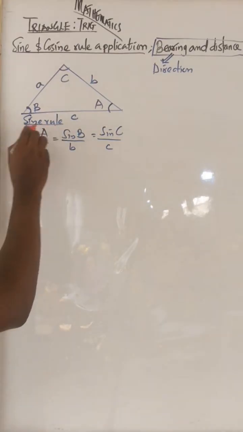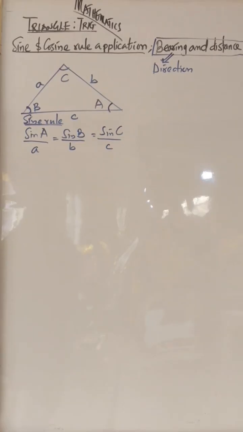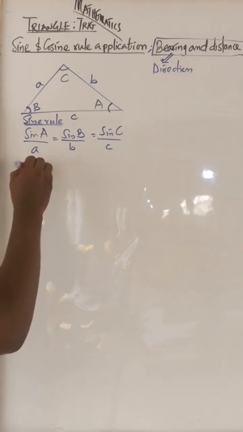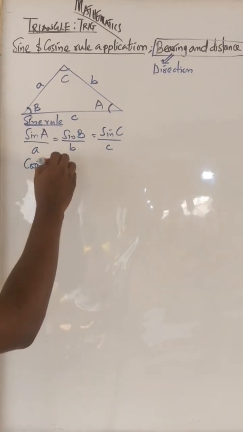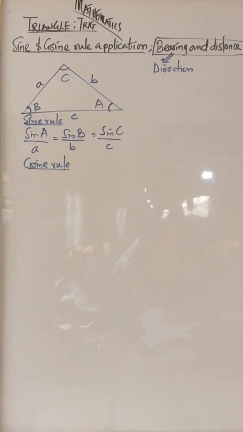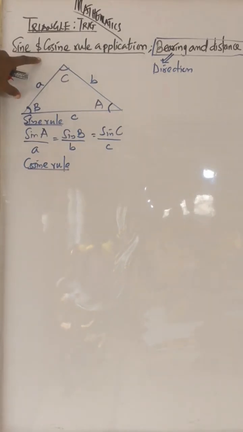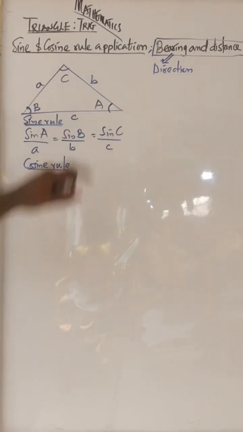The sine rule is used when you are considering 2 angles and 2 sides, if one of them is not known, and the angles and sides are facing each other. Then we have the cosine rule. Cosine rule is normally used to get an unknown side. Let's suppose b and c are known, but we want to get a. To get a, we need to know the angle that faces a.